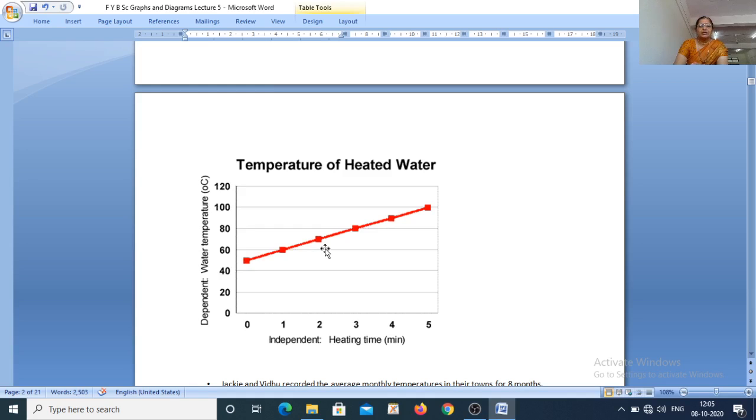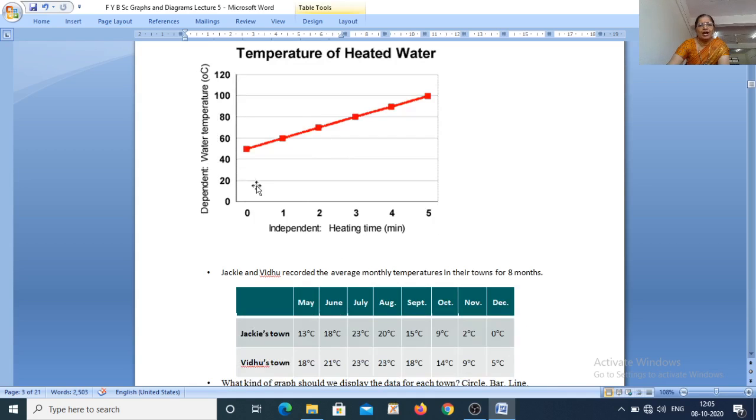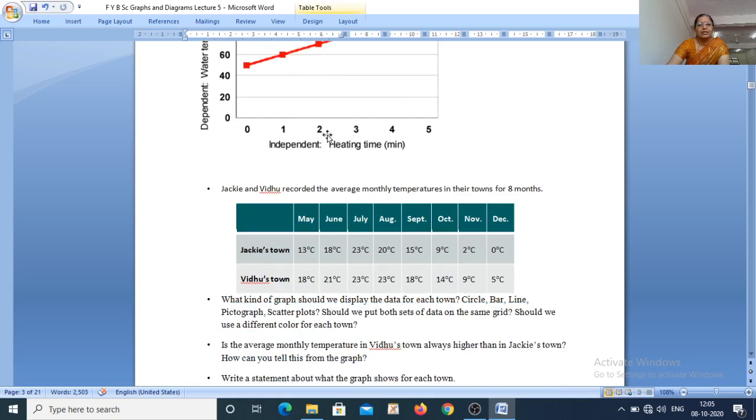Now this is the graph of heating time and water temperature. Up to 100 degrees Celsius the temperature rises, after 100 degrees Celsius this particular graph will be constant at 100 degrees. Okay. So this graph is actually a line graph, and you can see there is a perfect relationship between heating time and water temperature.